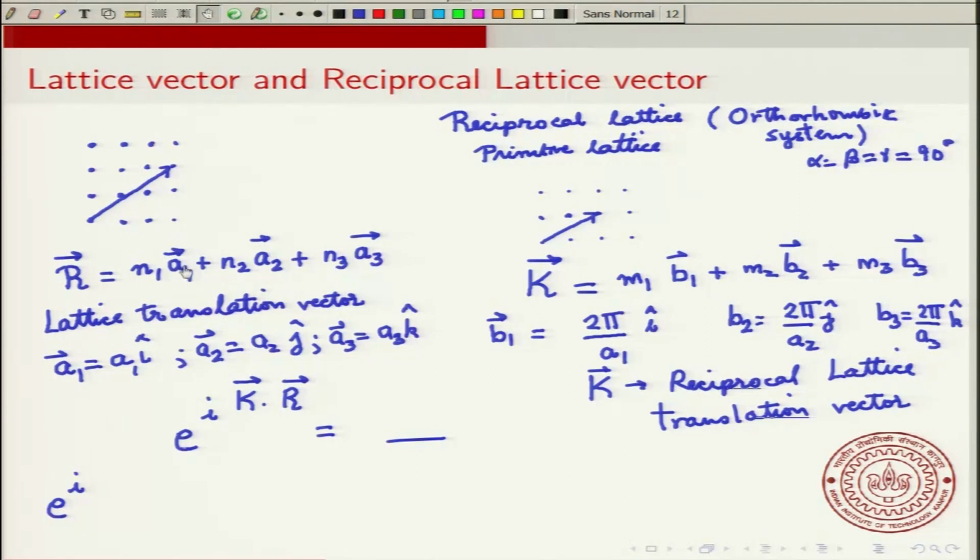Again using a1 as a1 i, and substituting this for b1, you will get the following. You will get e to the i, and k dot r will have n1, a1, m1, and for b1 I will put 2 pi by a1.